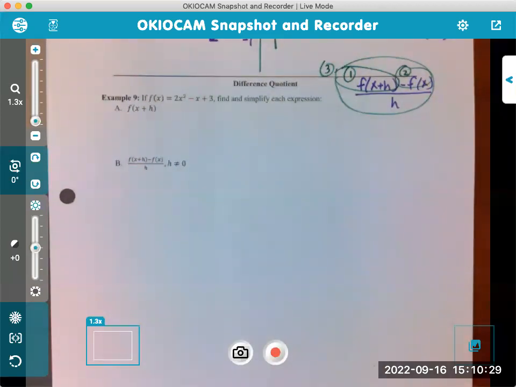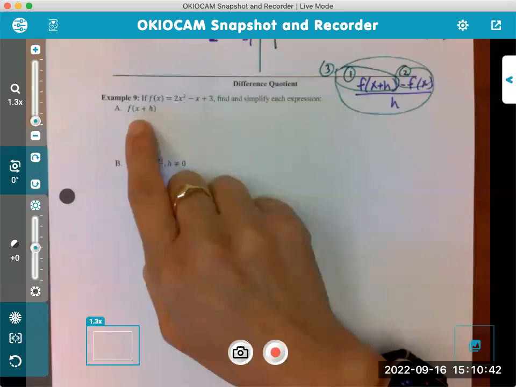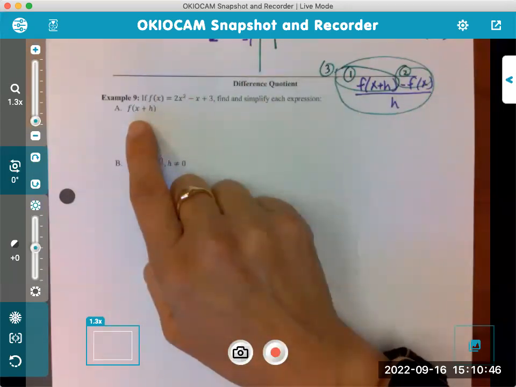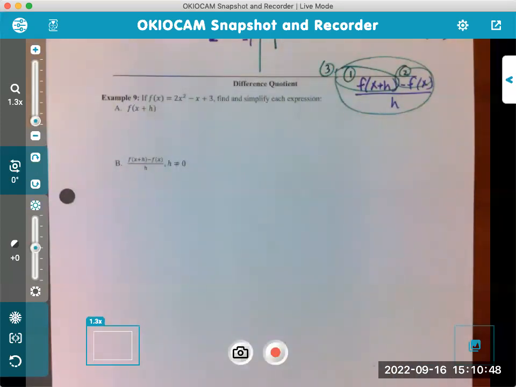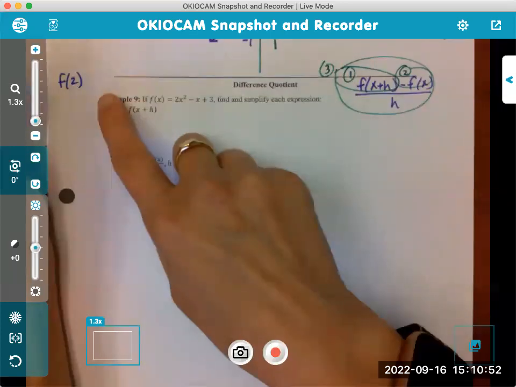All right, so I want you to break it down into three different pieces. But first, we're just going to baby step our way into it. So reminding ourselves what we did from 2.1, if I just want to evaluate f of x plus h, remember, it's the exact same process as if I was going to evaluate f of 2.